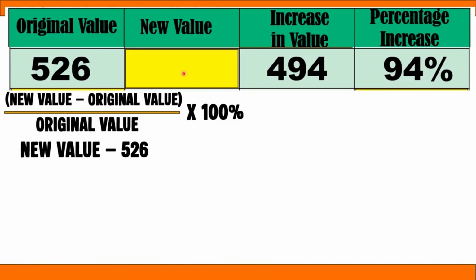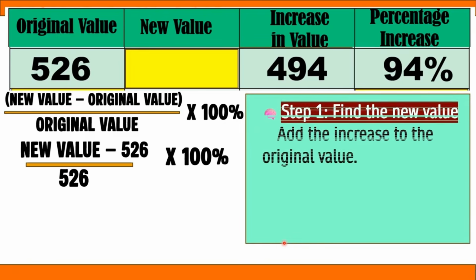We substitute new value, which is unknown, minus the original value 526, divided by the original value 526, times 100%. Again, we cannot find the new value using the formula. We're going to use an alternative solution.